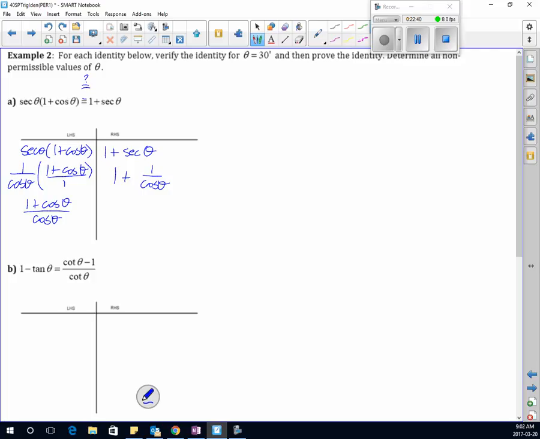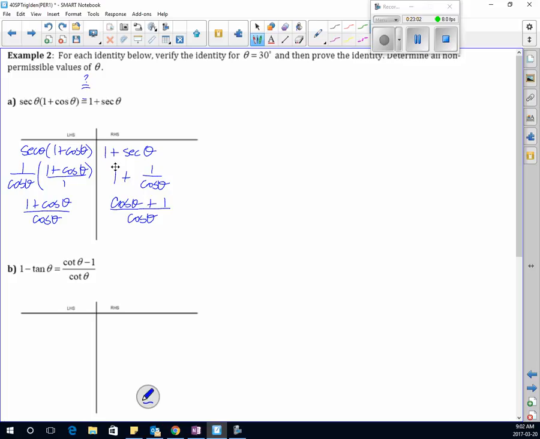Common denominator and put them together. What's the common denominator? Cos theta. I highly advise trying to do this in one step, because a lot of the time it's just two fractions that you're adding together. What would you have to multiply 1 by to make it over cos? Cos theta. And this is already 1 over cos theta.